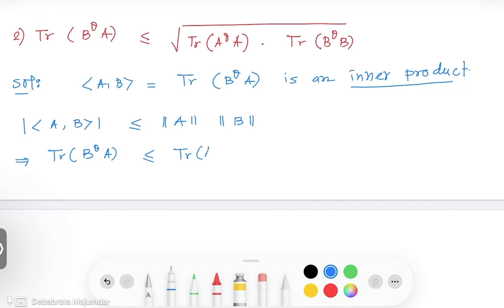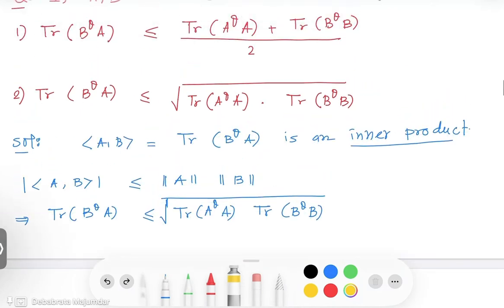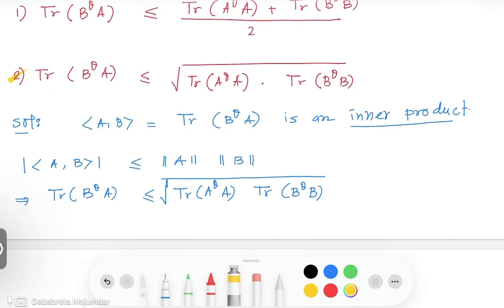This is trace of A theta A, and this is trace of B theta B, and I just need to take the root, because this is the root of the mod of the inner product. Okay, that's why the second option is true.